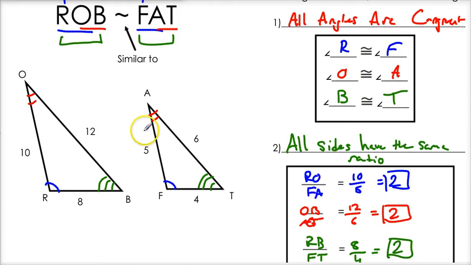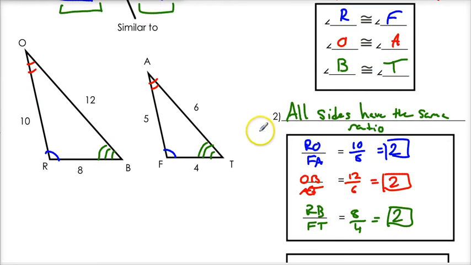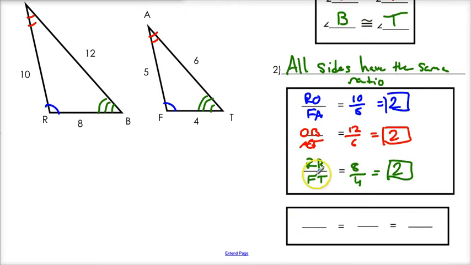So the ratio of the sides will always be the same. All three corresponding sides, that ratio is always the same. If I had different numbers here, if those ratios were different, it would not be the same shape. They would not be similar triangles. So the way to write that out, I know the ratio of RO to FA is equal to the ratio of OB to AT, which is equal to the ratio of RB to FT.